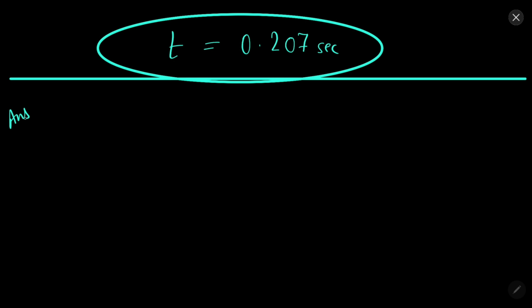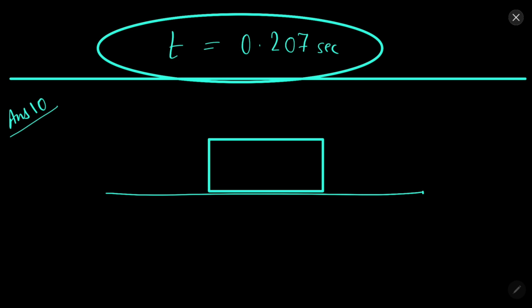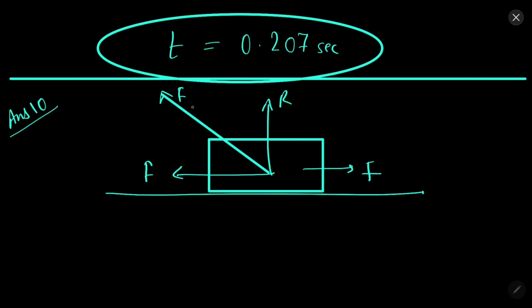So first of all, what is the situation? This is a block, this is a surface. Let's say this is the normal force, this is any other applied force, frictional force will be here. Let's say this is our contact force. This is the angle lambda.